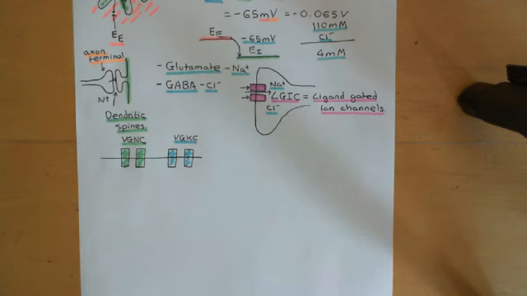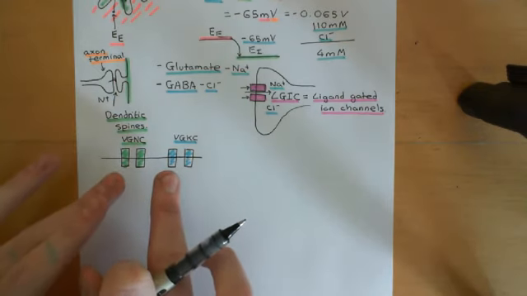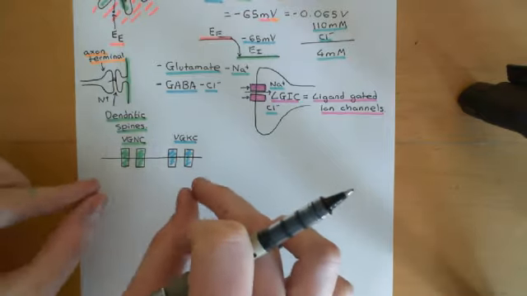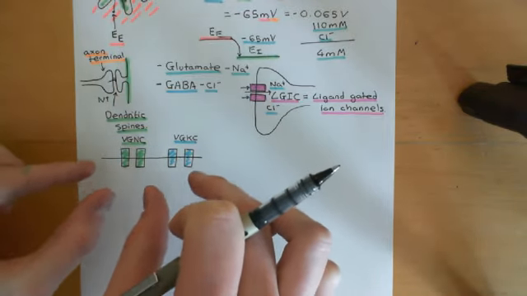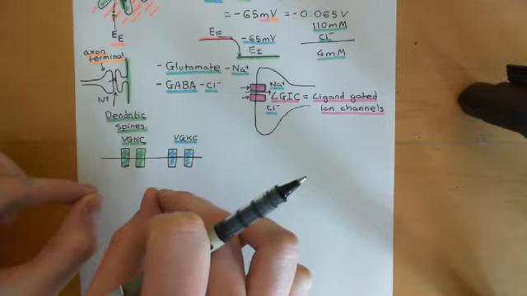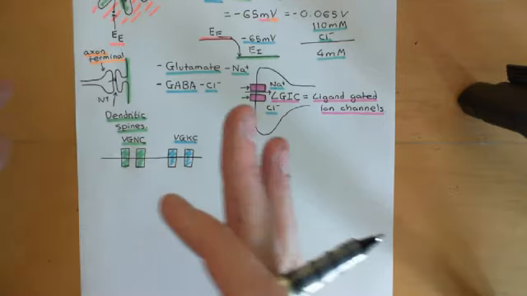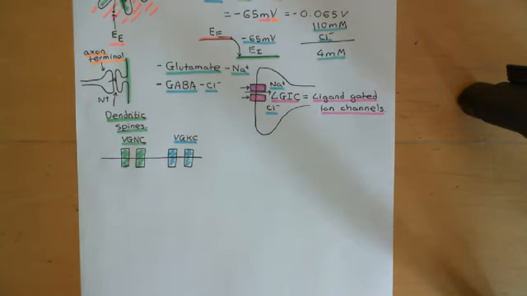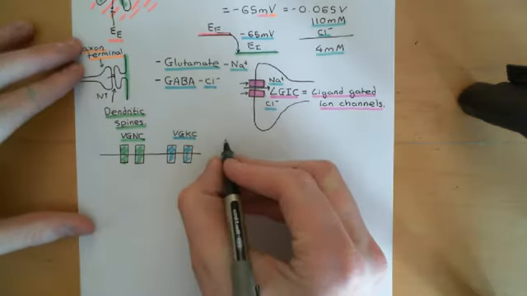Okay, now, how do you activate voltage-gated ion channels? Again, I'm sorry, they're already drawn open, but in reality, if we're at negative 65 millivolts, these should be closed. Okay, I've drawn them open because, of course, they're going to open in the action potential, but imagine that they're closed at the moment. Okay, so you activate voltage-gated ion channels by depolarizing the electrical potential difference across the cell membrane.